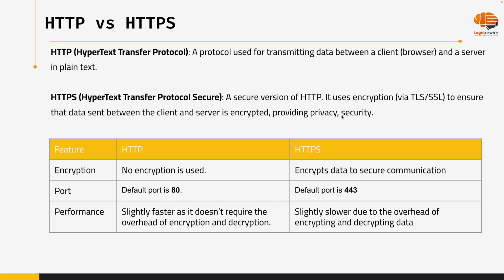So the difference is that HTTP uses no encryption and is very vulnerable to attack. Anyone can get the information if you are using HTTP. But with HTTPS, even if they attack, they can't get anything because everything will be encrypted and the algorithm is very tough to crack.